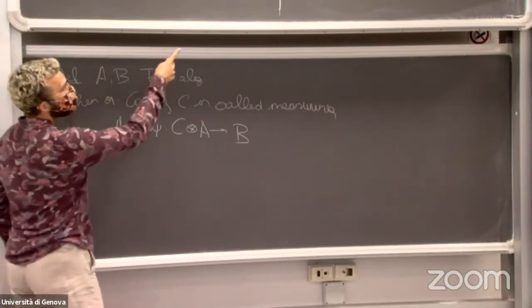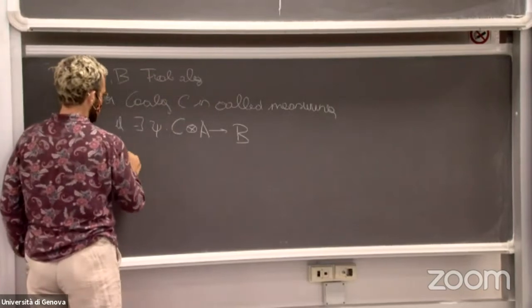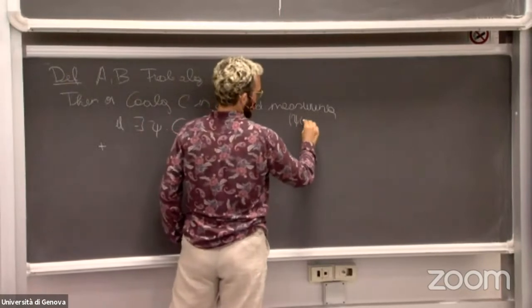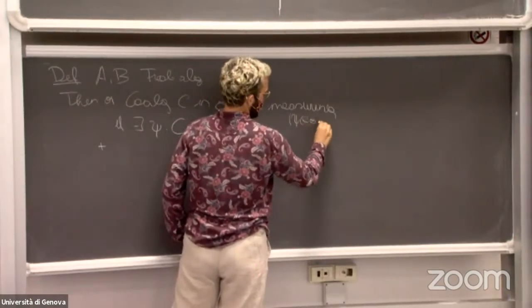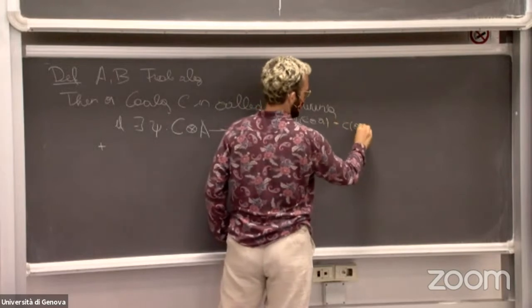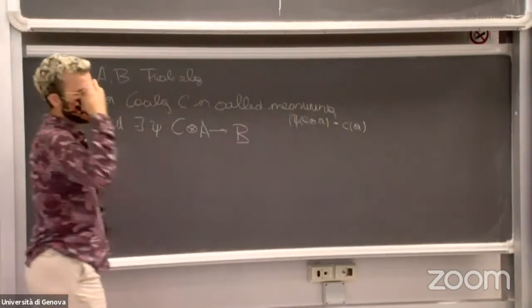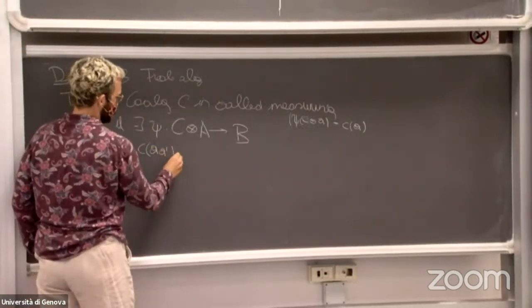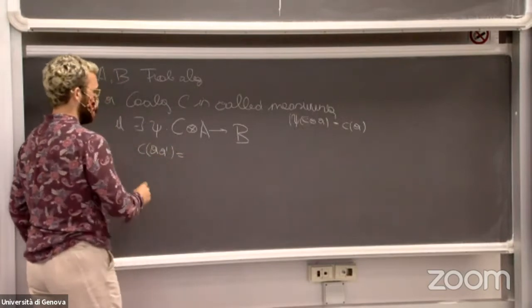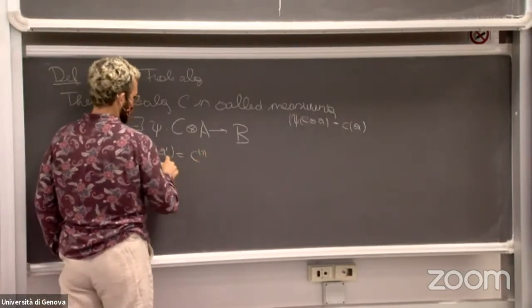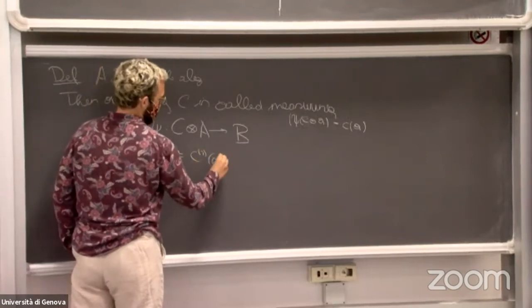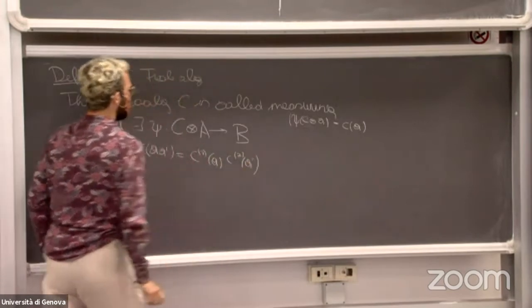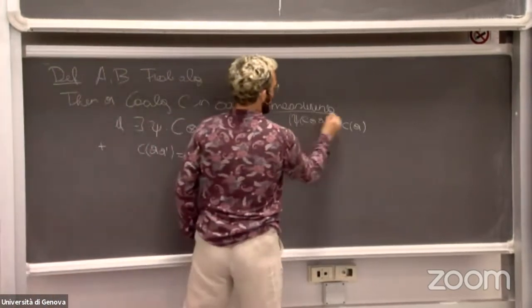Maybe just let me give you one, for multiplication. Sometimes we also write, instead of phi of C tensor A, just C of A, to make it more like the original example. So instead of C on a product just being C of A times C of A bar, we co-multiply the C and put one on the A, one on the A bar. Yeah, this is the definition we're working with.